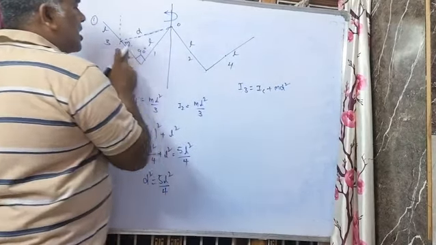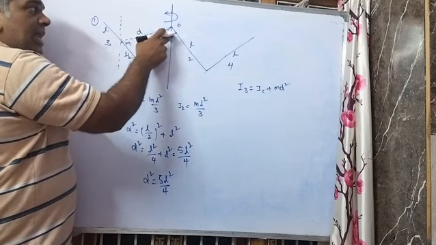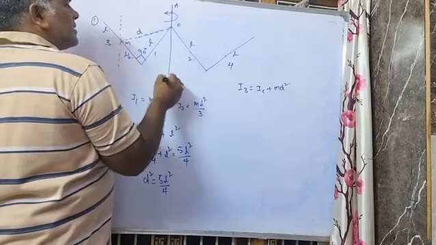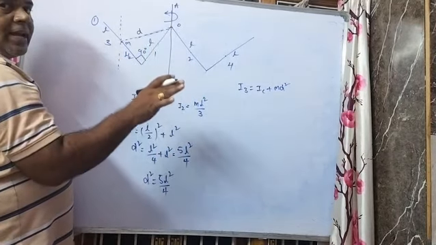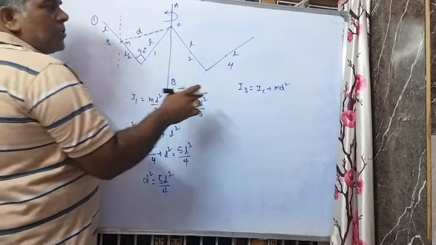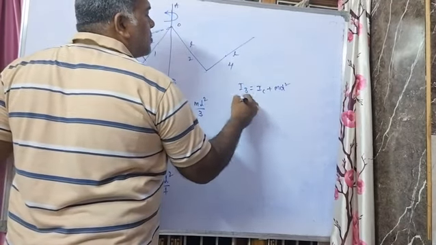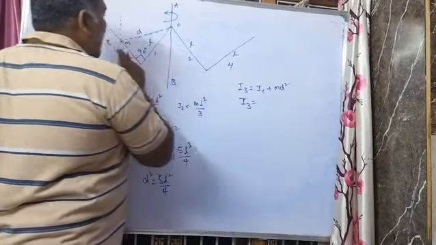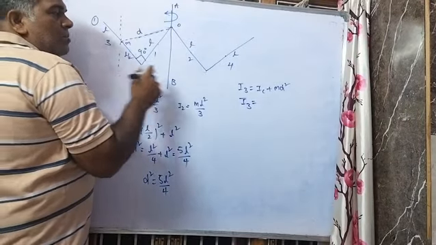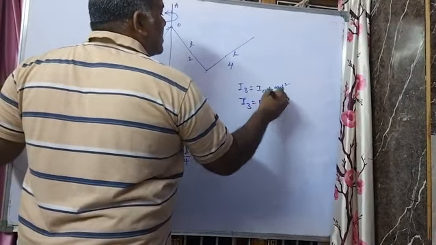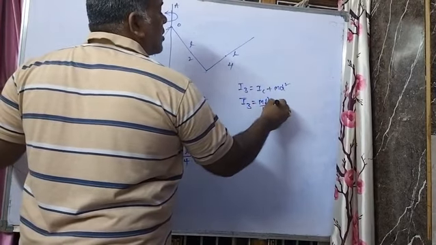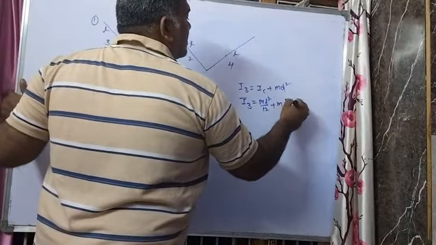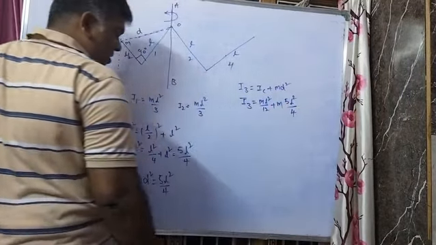See here, the moment of inertia about the third rod with respect to this axis, which is considered the AB axis. So I3, the third rod's moment of inertia with respect to the AB axis, is IC, the axis passing through the center, which is ML square by 12, plus M into d square, where d square is 5L square by 4.